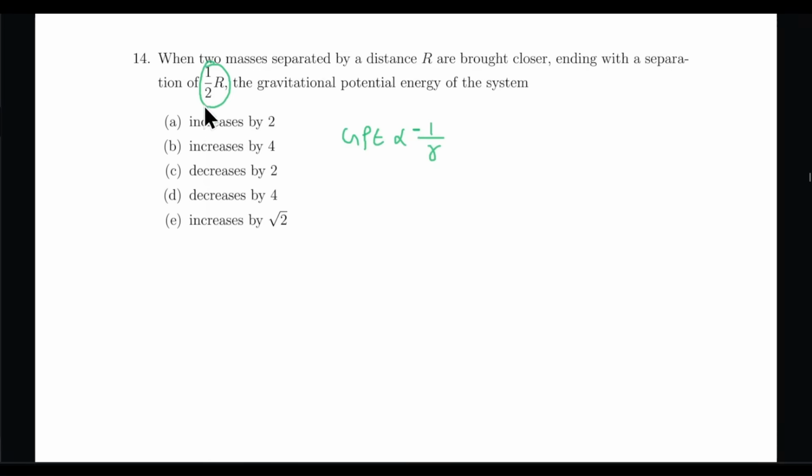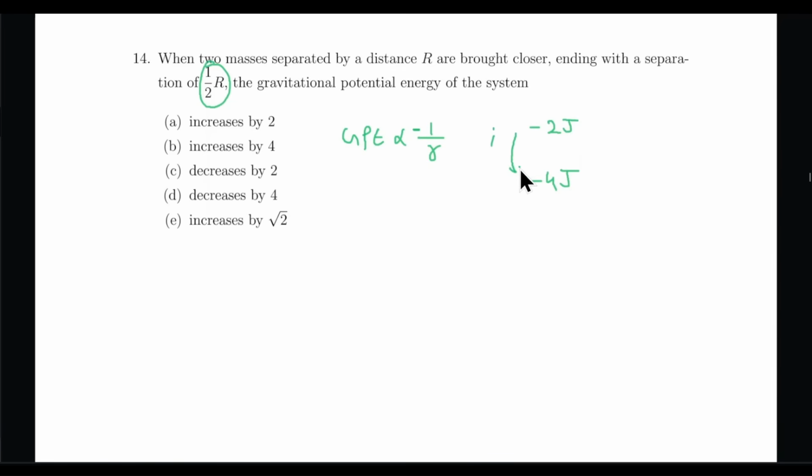So if the distance becomes half, this will become a factor of negative 2 because it's inversely proportional to r. So initially, if it was negative 2 joules, now it will become negative 4 joules, because half radius means it will become double in magnitude, but remember the sign will be as well.